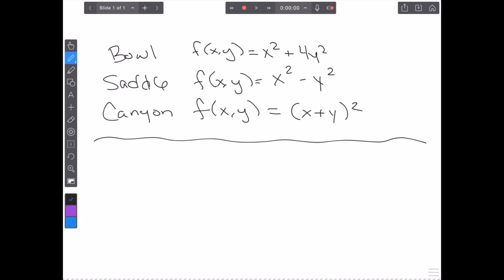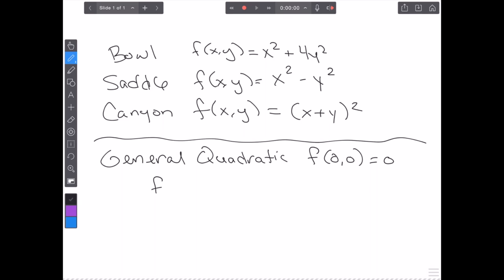Now, let's consider a general quadratic function. And I'm going to make the assumption that f at the origin, f of 0,0, is equal to 0. Otherwise, we'd need one extra term in the formula for the general quadratic.